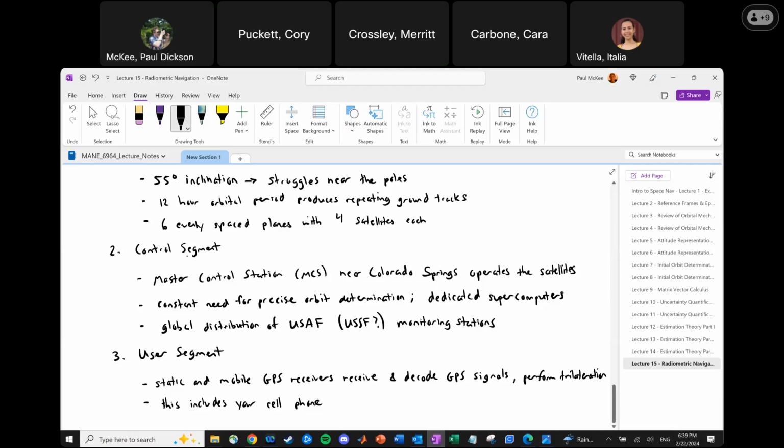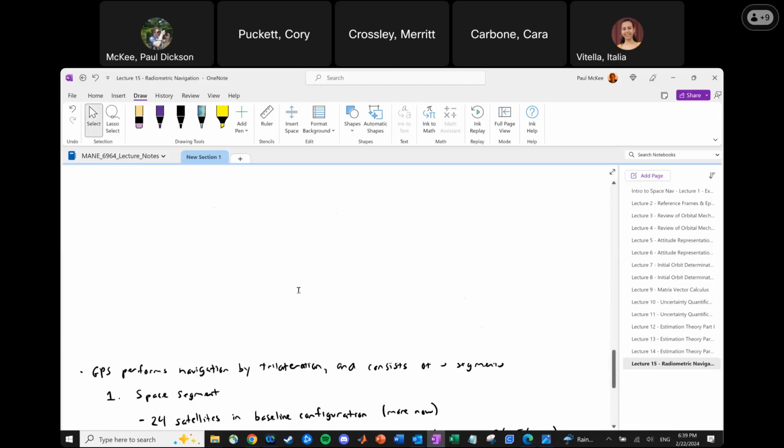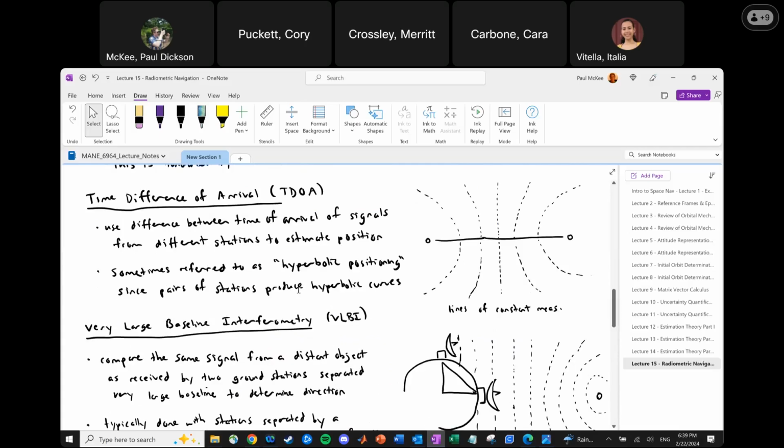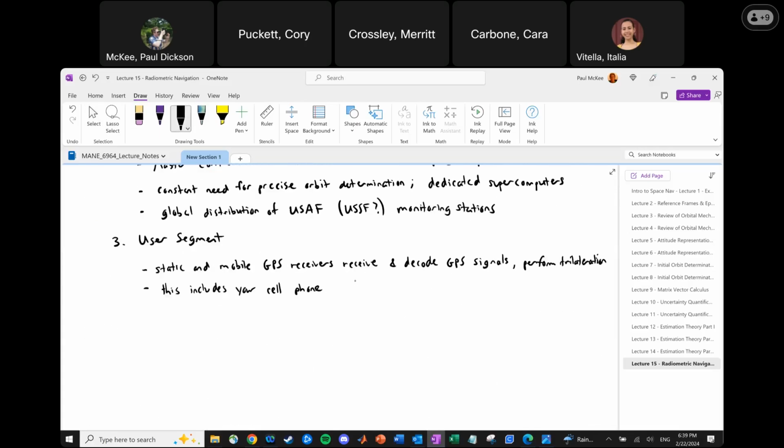And so you can imagine, this is just like a quick diagram, because we haven't had a diagram in a little while. But so imagine that you've got your Earth, and you've got somebody standing on the surface of the Earth, and you've got a satellite overhead.